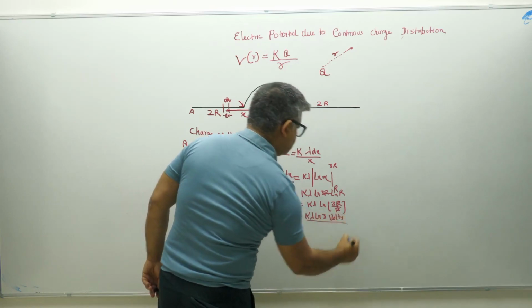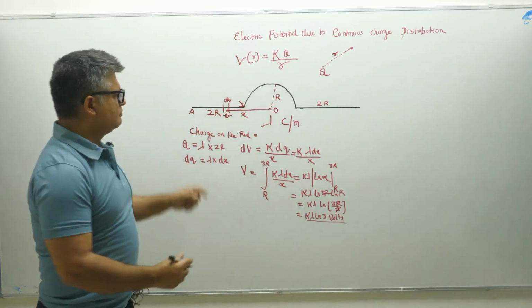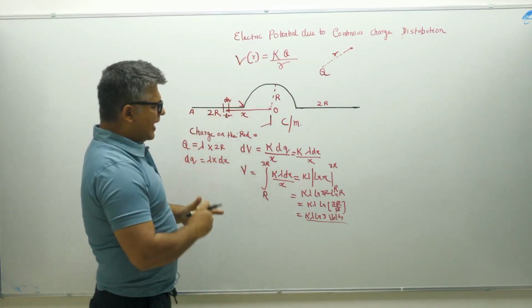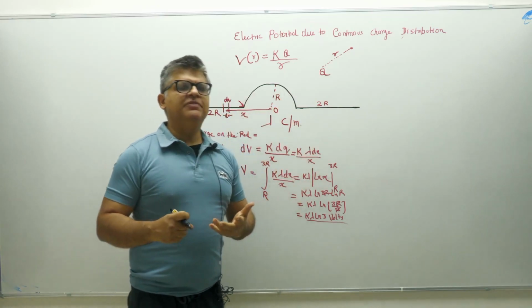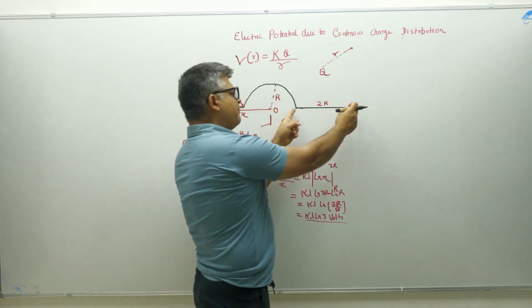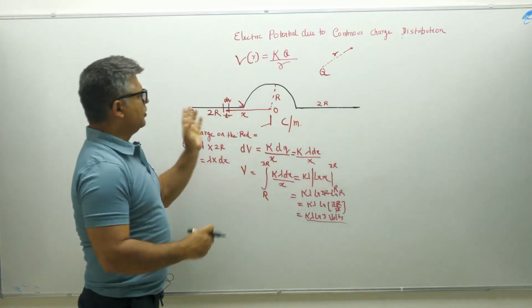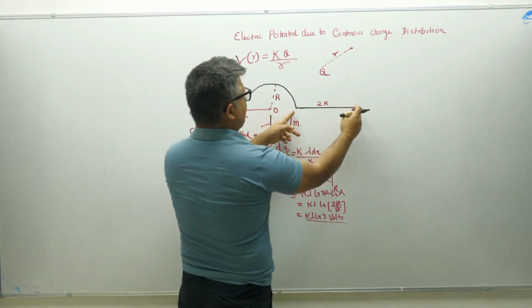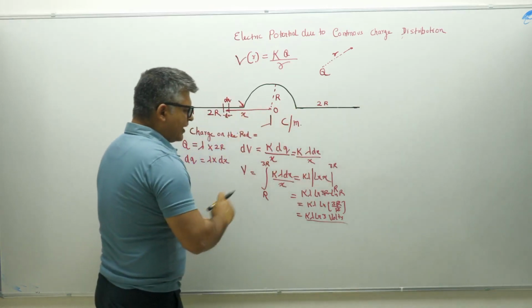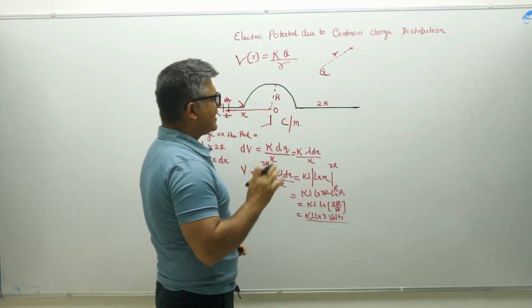Okay, this part is done. Because of symmetry and the potential being a scalar, this part also gets added. Whatever is the potential due to this at O is the potential due to this at O. So I just need to double this, and that's all.